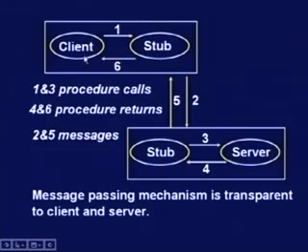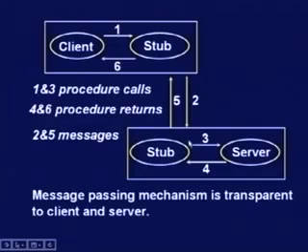For example, the client might want to know the time of the day. So it sends a time of the day request to its own stub. It does not know where the service occurs or where the server resides. It simply says to its own stub to get the time of the day. The stub knows that the time of the day server is on a remote machine, so it sends message number 2, which is received by the server stub.